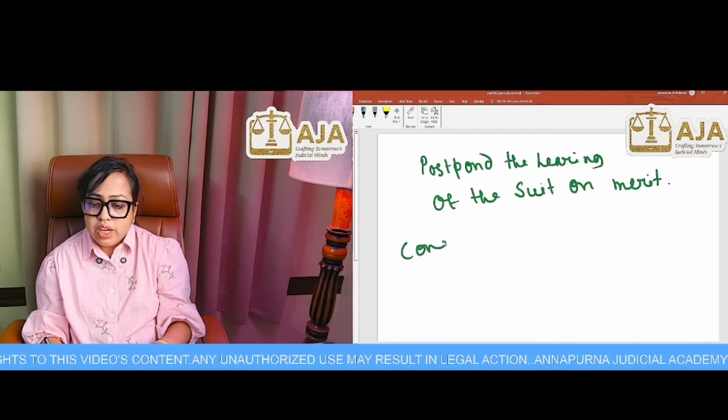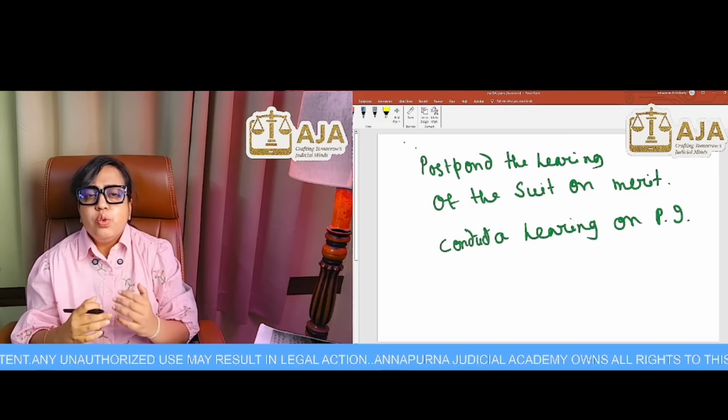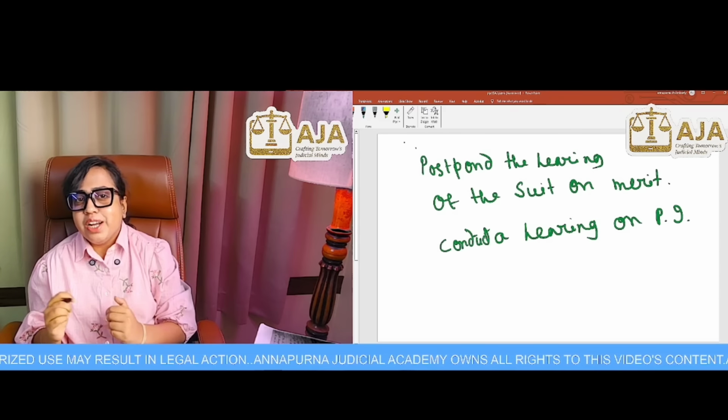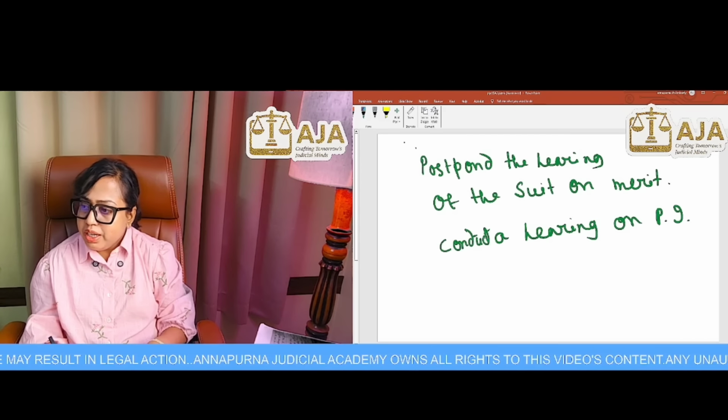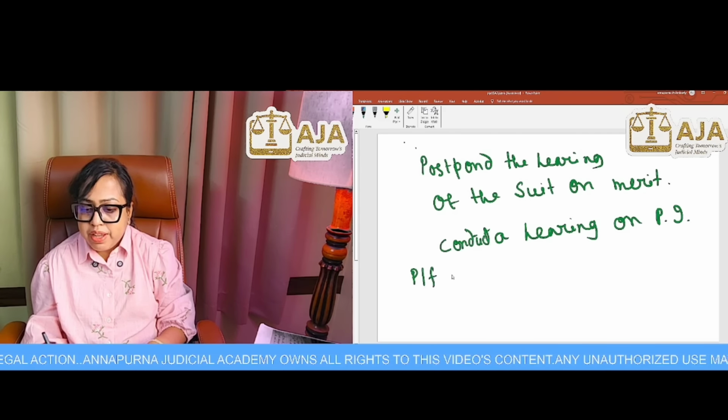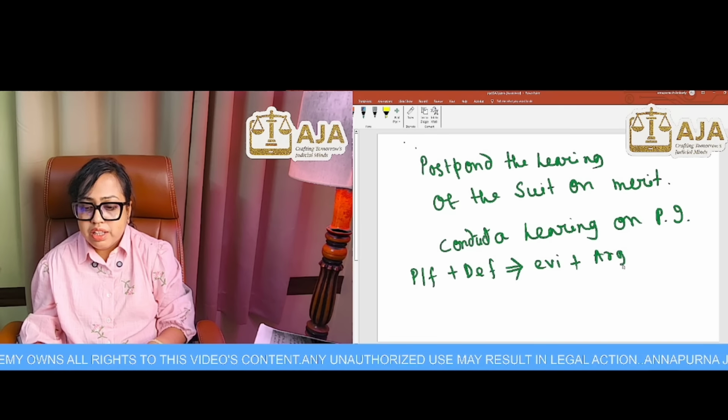It means both plaintiff and defendant will present their evidence as well as argument.